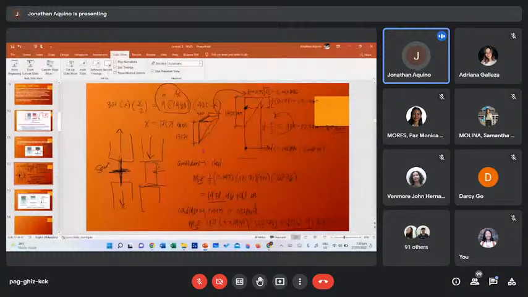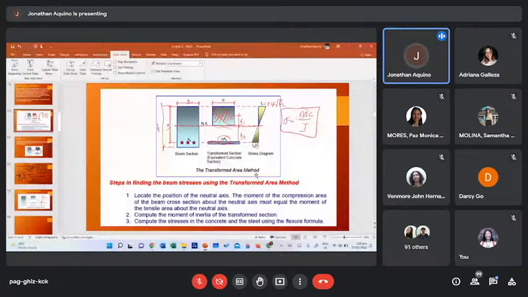Okay. So let's try the capacity considering the prescribed transform area method. In the transform area method, the first step is to locate the neutral axis, similar to what we did. Then second is to compute the moment of inertia and compute the stress using the flexure formula.